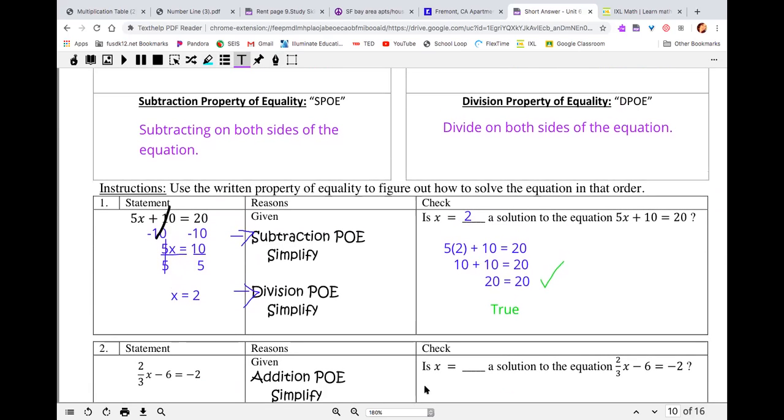If you want to try that, you can, but I do have an IXL I'm going to post where we can get more practice. You don't have to worry about writing SPOE, DPOE, or anything, and you don't have to worry about checking your work when you're doing the IXL. It'll just be this part, seeing if you can isolate x. I'll type the shortcut in the chat right now.